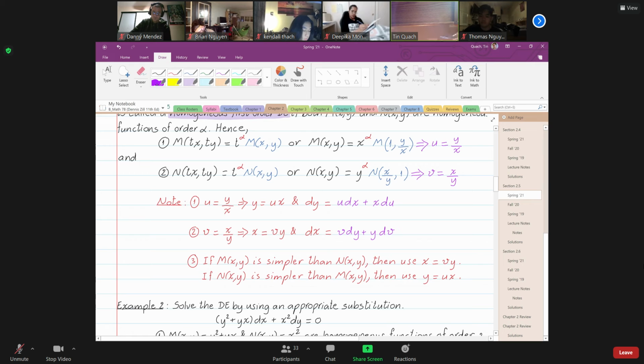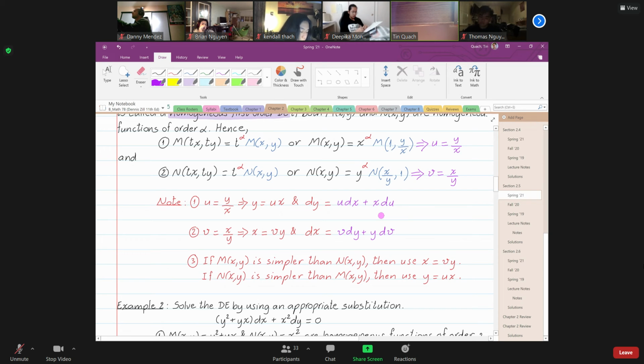You just use the product rule. The derivative of y with respect to x is u times the derivative of x plus x times the derivative of u, and then you just multiply the dx over to both sides. Then you get dy, and this has the dx on the bottom, and you multiply by dx, you cancel out. So that's how you get those.